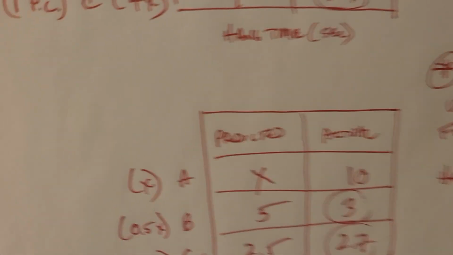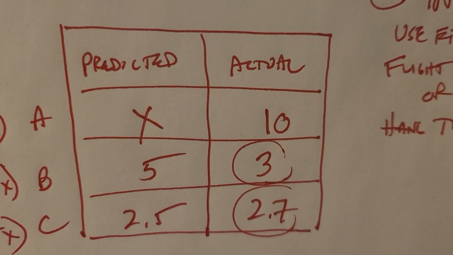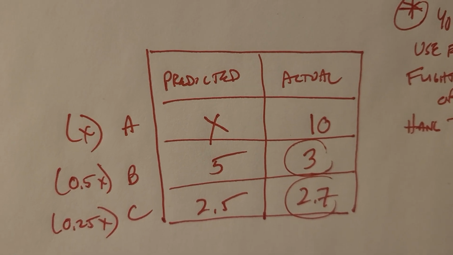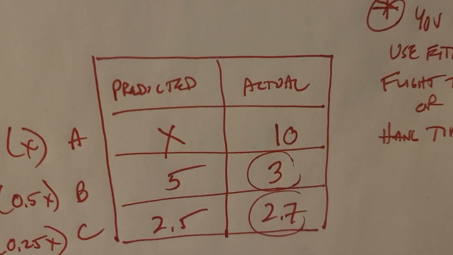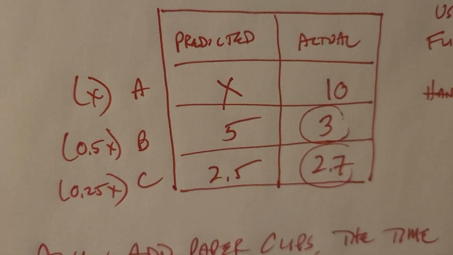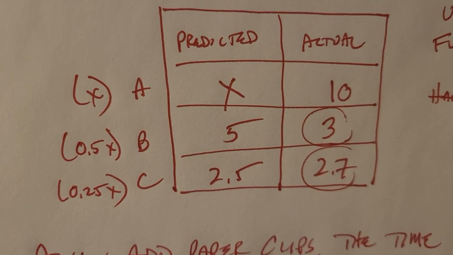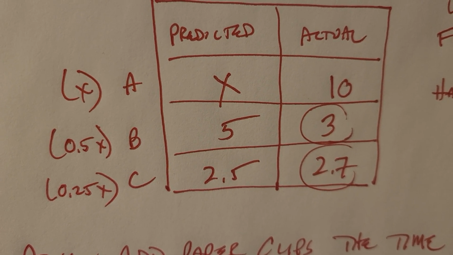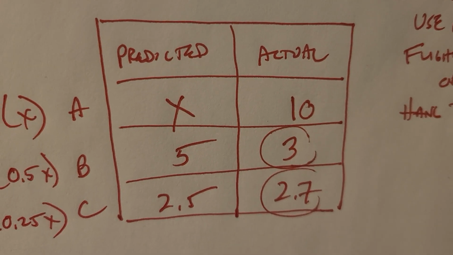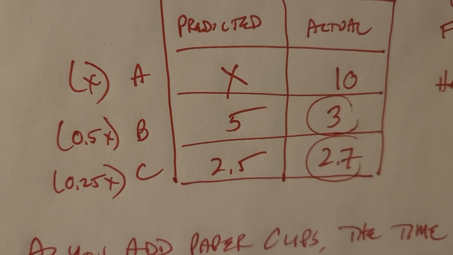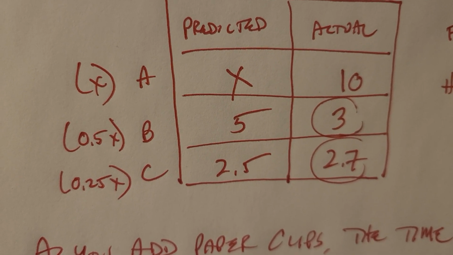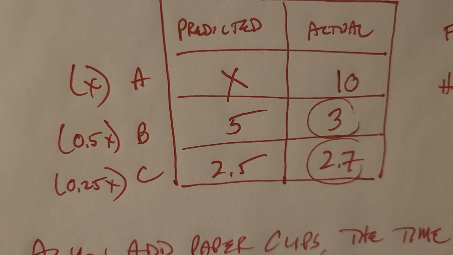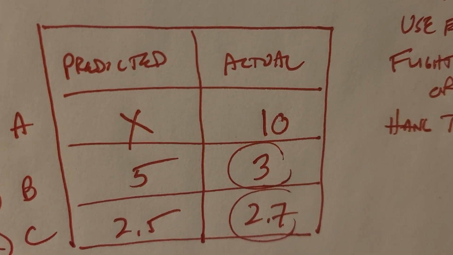So again, once you have your actual for X, you don't know what it's going to be, but you do know once you fly it. Once you have your predicted, so if you have X and it comes out to 10, then this is really going to be 0.5X. But you could put your 5 there because now you know the actual.